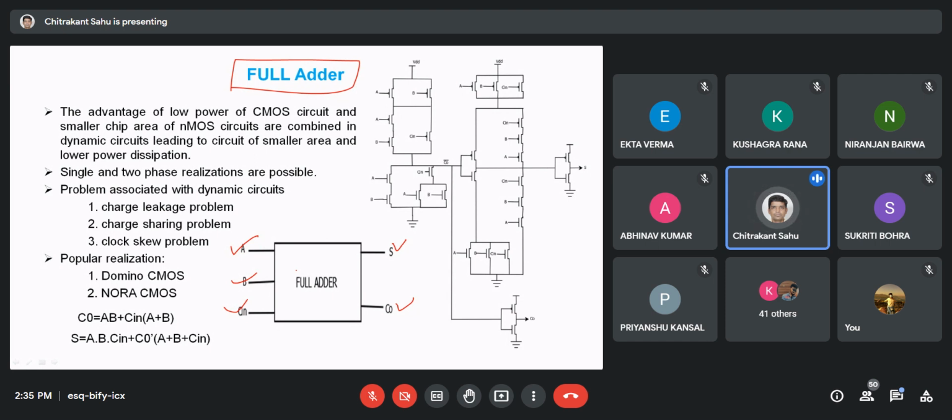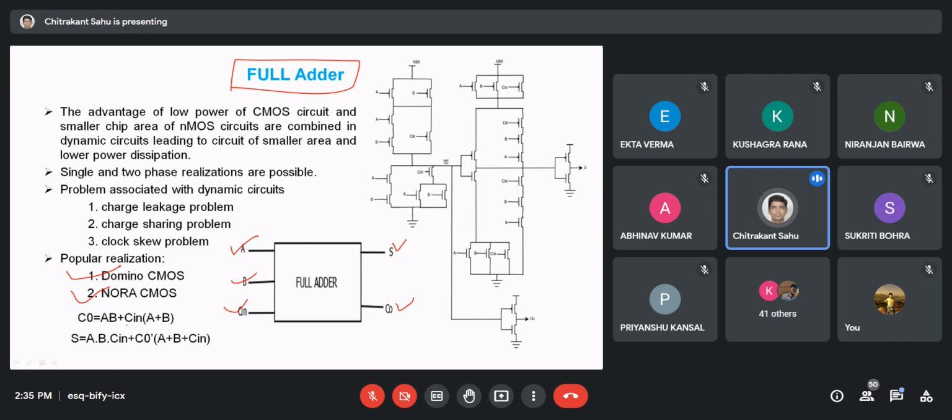I am talking in terms of a question paper. The question is: realize the full adder circuit using domino CMOS logic and NORA logic.